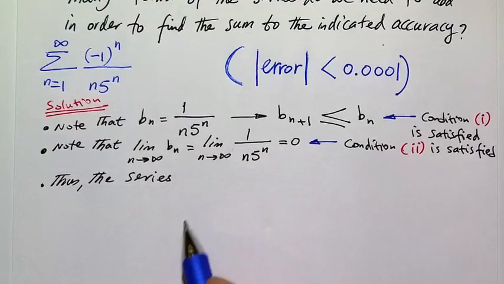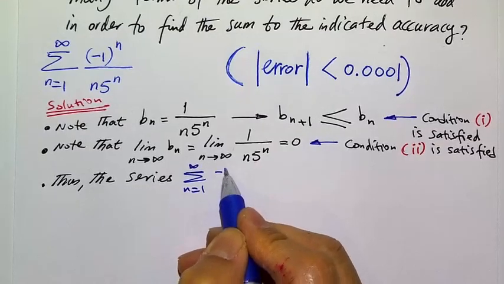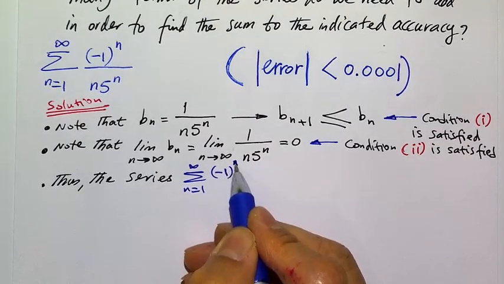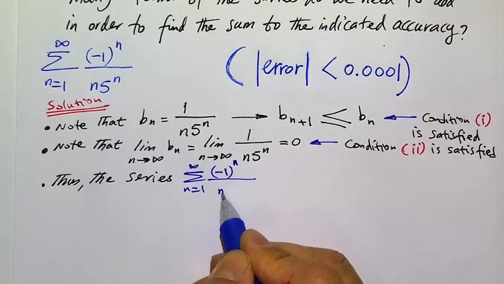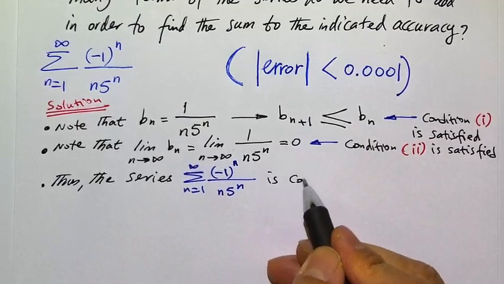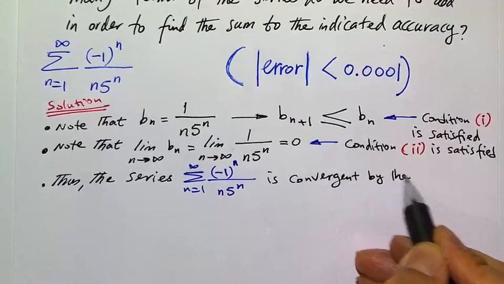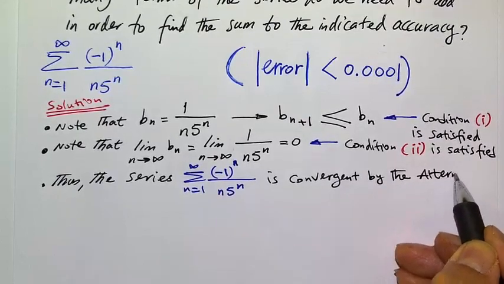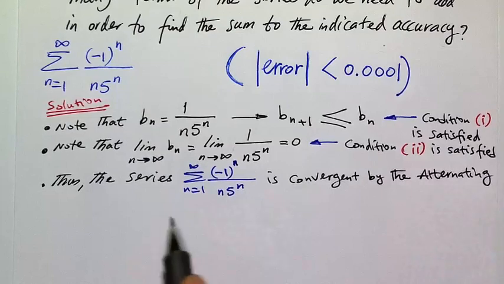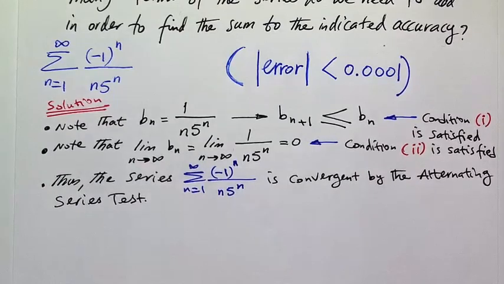So our series is convergent by the alternating series test.